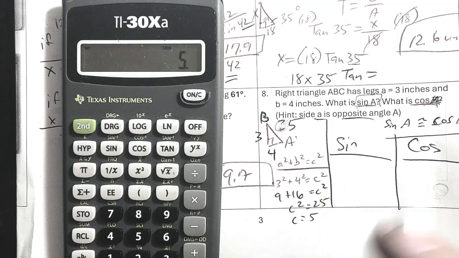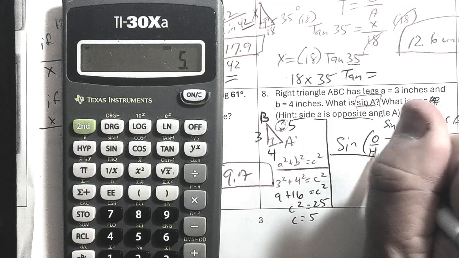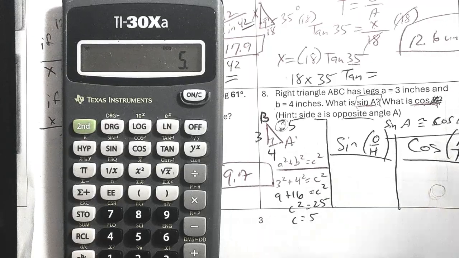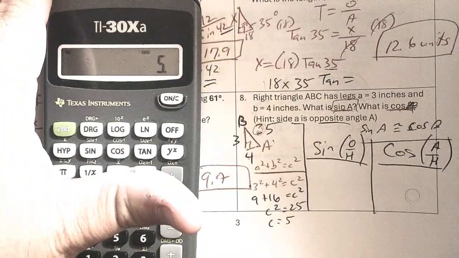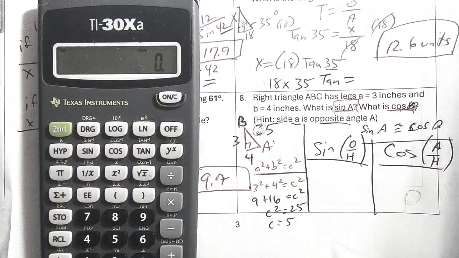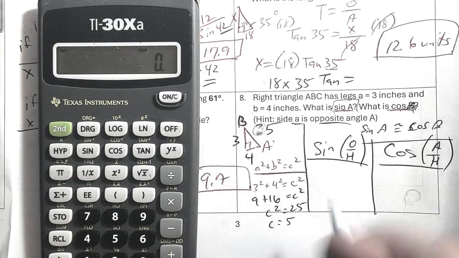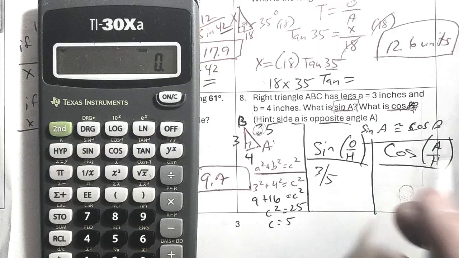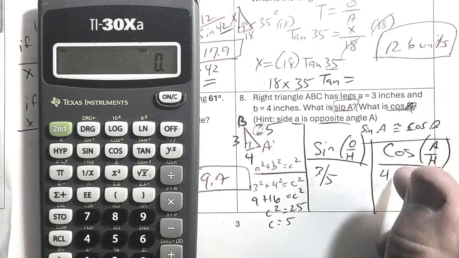So sine, that's opposite over hypotenuse. Cosine is adjacent over hypotenuse. Okay. So opposite is 3. Hypotenuse is 5. Adjacent is 4. Hypotenuse is 5.